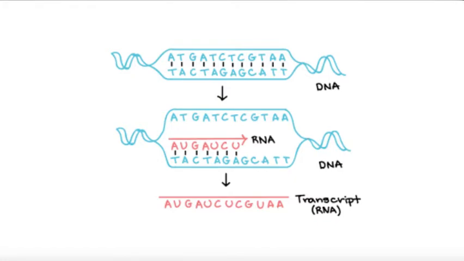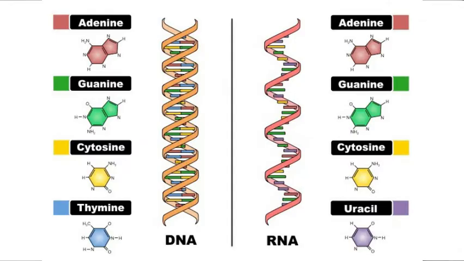The way that this works is that RNA is complementary to the DNA segment. So if you remember back to DNA replication, the way we're able to make that second strand of DNA is because the nitrogenous bases from one side of the DNA always match up to the complementary bases on the other side of the DNA. RNA works the same way with one caveat.